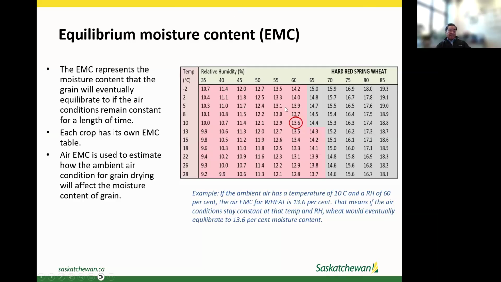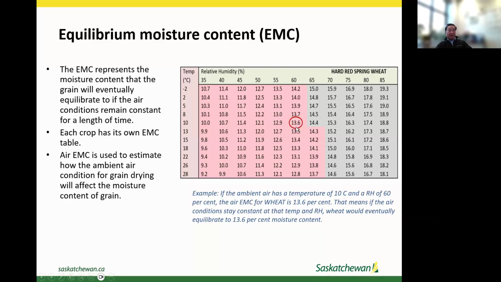This table over here shows that, for example, if the ambient air temperature is 10 degrees with relative humidity 60%, the EMC for the grain is 13.6.